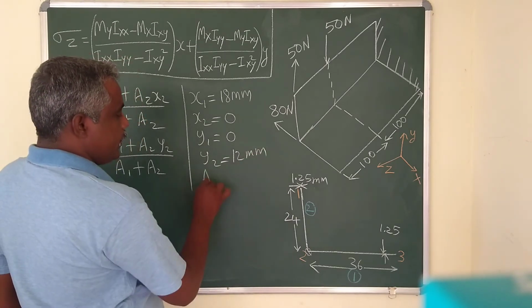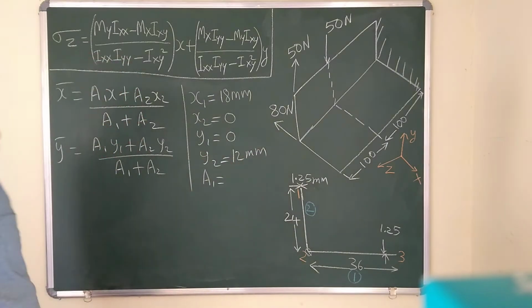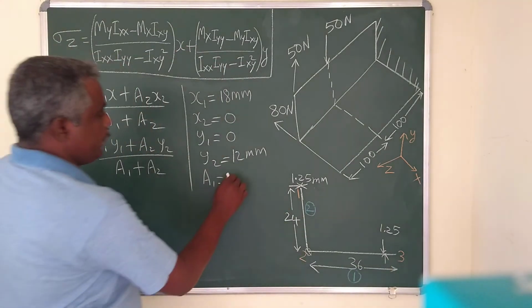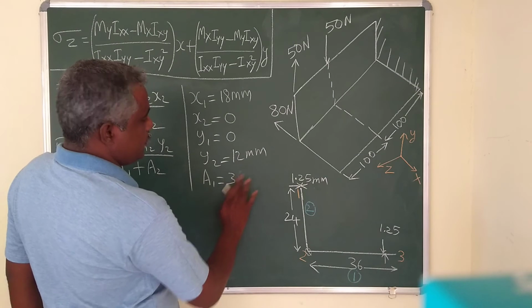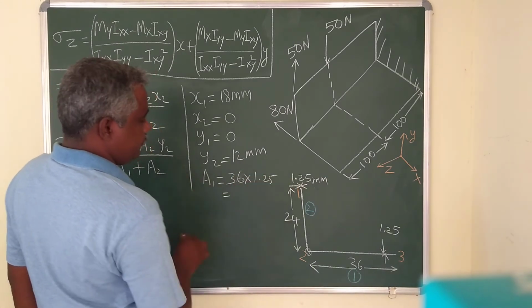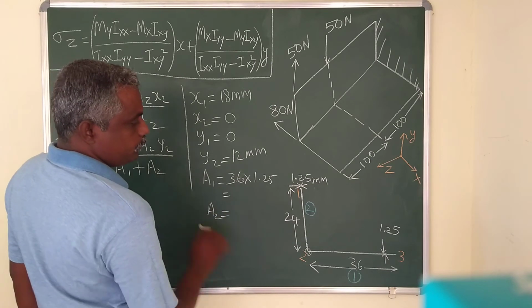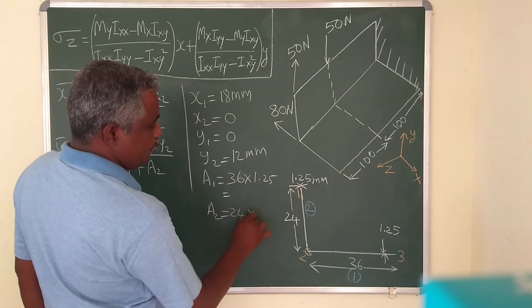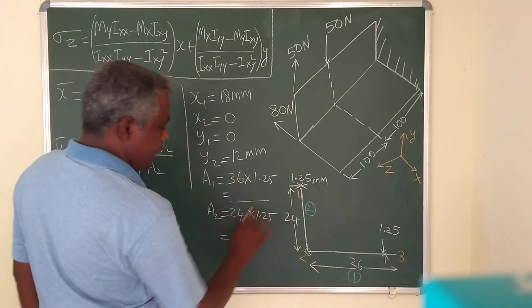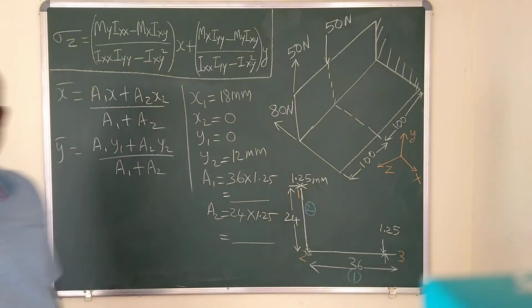What is A1, the area of section 1? 36 into 1.25. What is the area A2? 24 into 1.25. So we have to find the areas A1 and A2 so that we can substitute them in this formula.